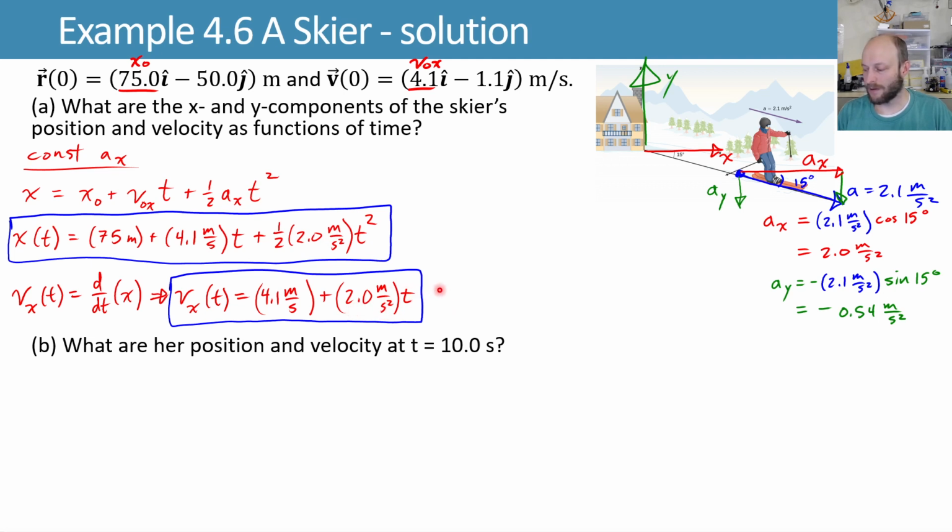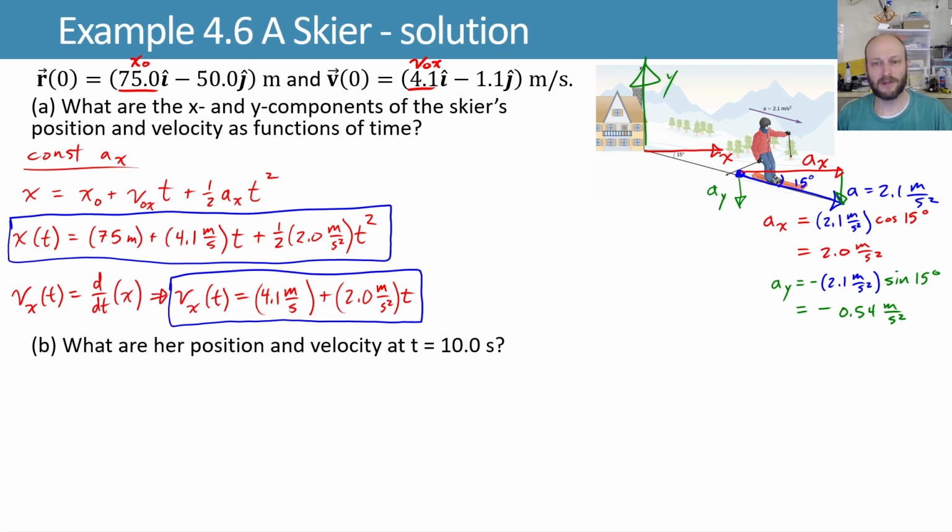Here, rather than keeping the units all afterwards, I've included the units on the individual constants in the expression. And then when you plug in a time in seconds, it should cancel out and leave you with meters per second there. So that's the x direction.